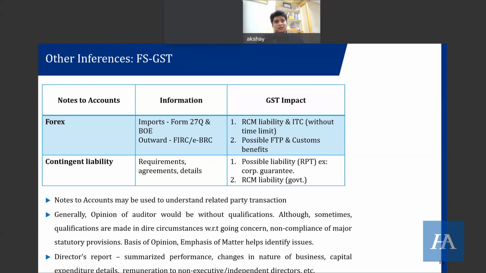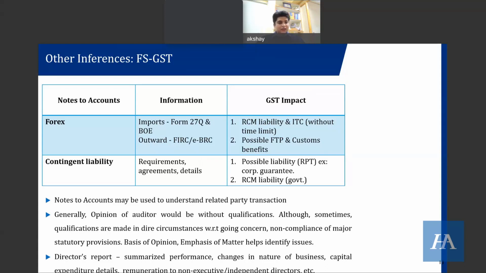There may be certain payments to governments which are disputed. Generally, this is the pattern which I have seen in the financial statements, and from there you can identify whether there are any RCM liabilities. So notes to accounts, opinions of auditors, the director's report, these also give a lot of information with respect to what the auditor is feeling, what the directors have seen in their business, what the changes are.